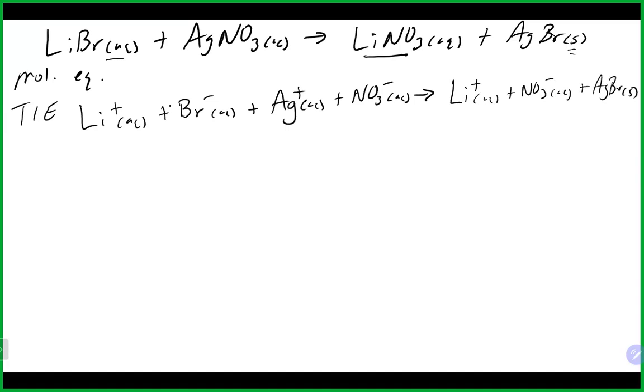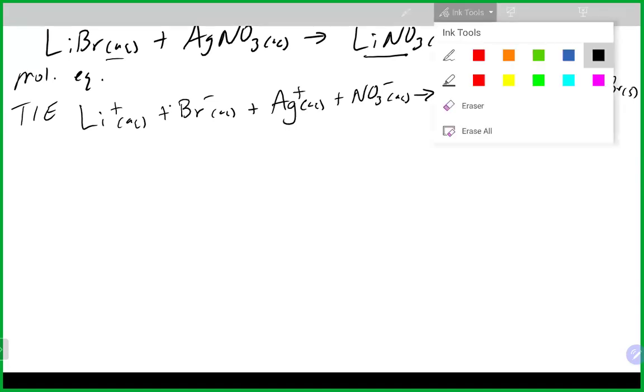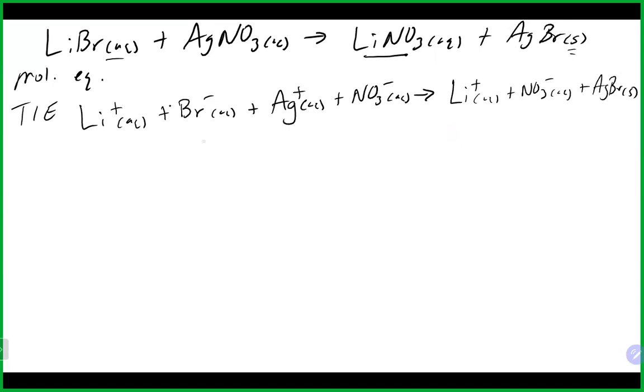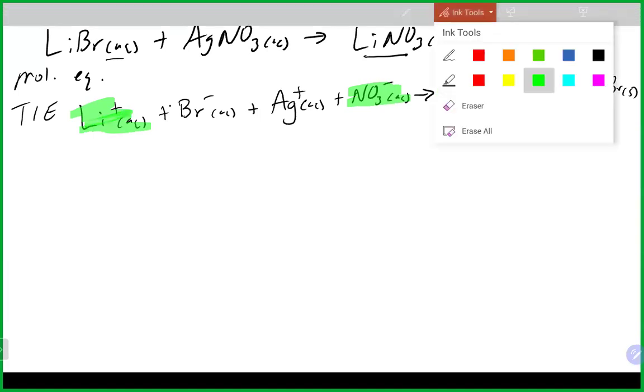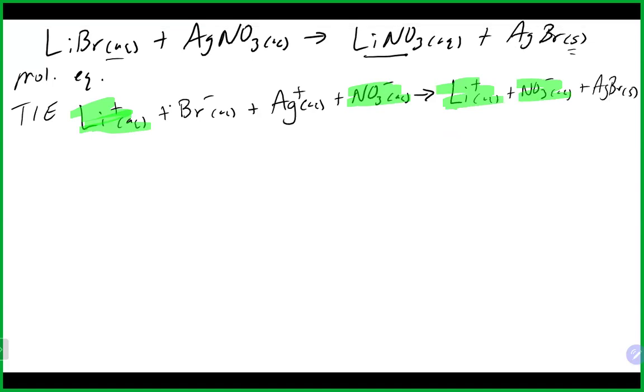AgBr(s). Now here, if we look at our spectator ions, we will find our lithium on both sides, and also our nitrate on both sides. Again, these are the ones just hanging out and floating around. They are really not leading to any of the products that are being formed in this case. So these are our spectator ions.